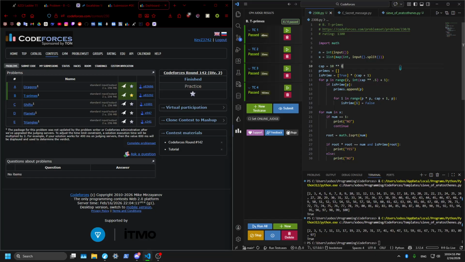If isPrime, then append p to prime, and then iterate through each multiple of p and set it to false, so that next time when it loops through and hits a multiple of p, we'll get false and we won't add that to the array.